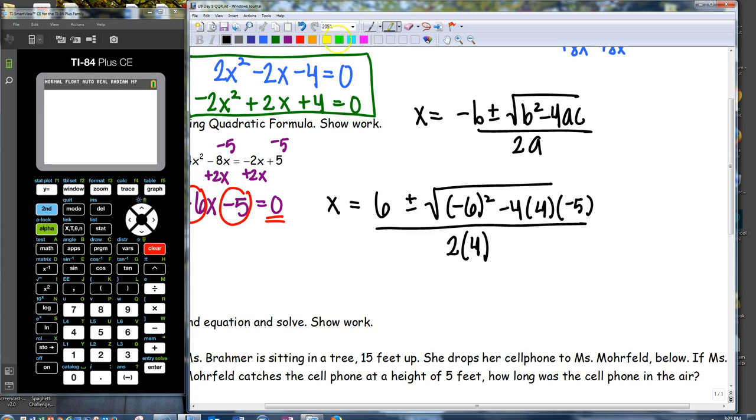My next step is to evaluate the discriminant. That's this part underneath the square root. Make sure you don't type the actual square root into your calculator, and also make sure that you use parentheses. So go ahead and type that in. Okay, it should look just like this. I'm going to give you a minute to type that in as well.